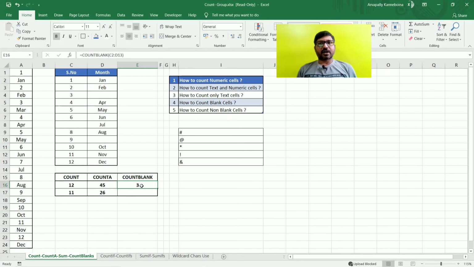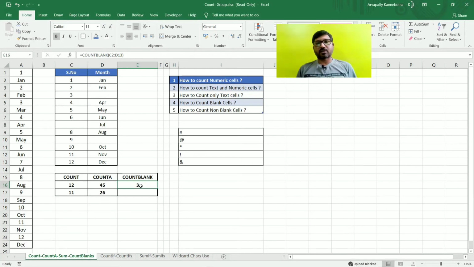So count A formula will count the numbers and text, the combination of numbers, text, and special characters as well. So it counts whatever is in the cell content, that is the count A formula. So count blank will count only the blank cells in the selected range, right?